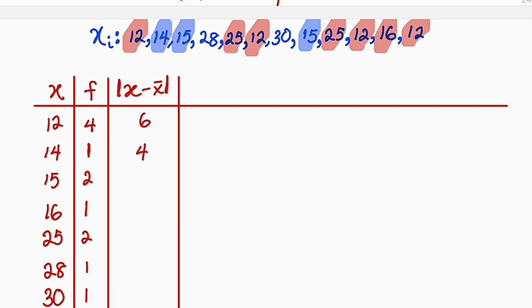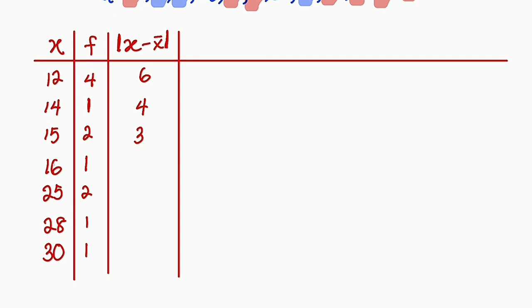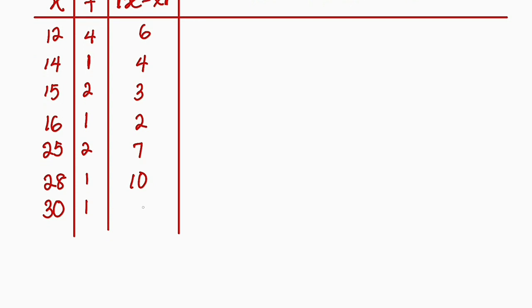Absolute value of negative 3 is 3. Then we have 16 minus 18 is negative 2. Absolute value of negative 2 is positive 2. 25 minus 18 is already positive 7. 28 minus 18 is 10. Then finally 30 minus 18 is 12. We are done with this one.